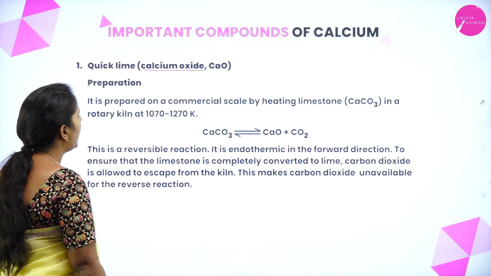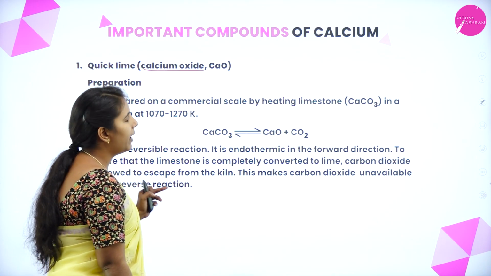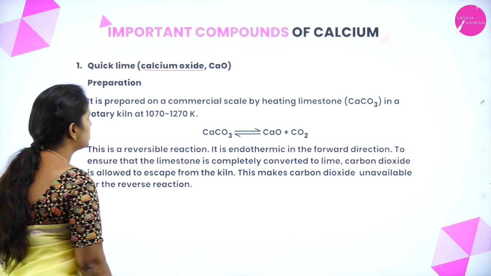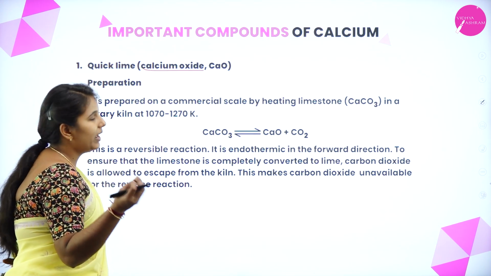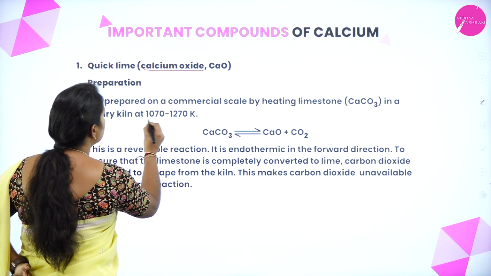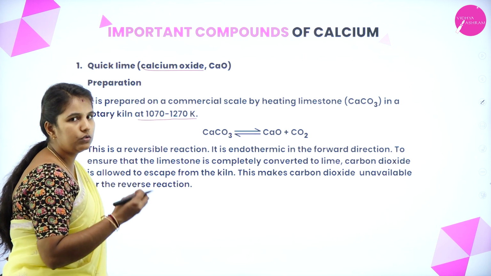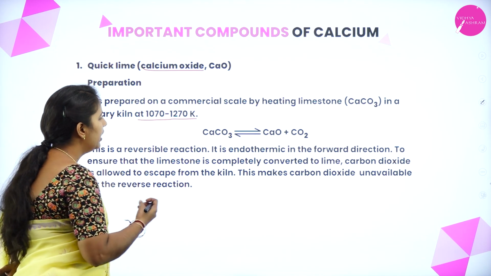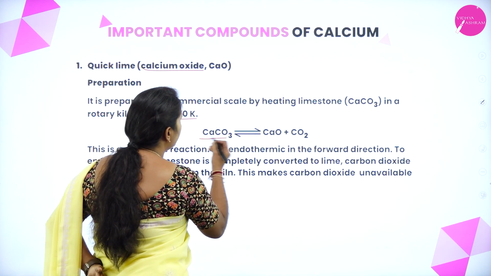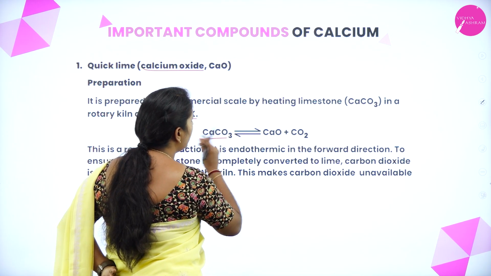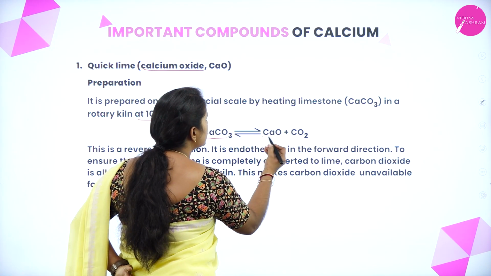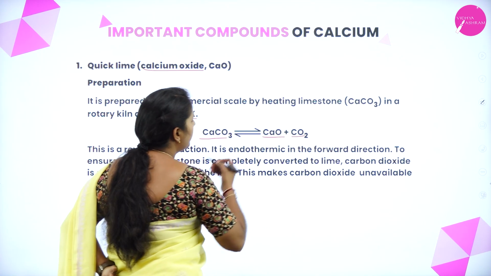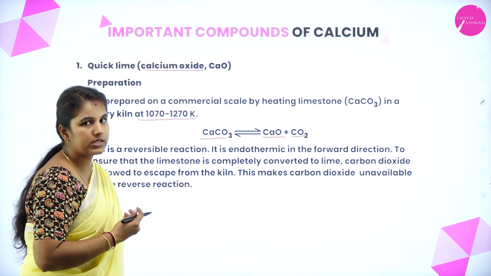It is prepared on a commercial scale by heating limestone at a very high temperature, around 1070 to 1270 Kelvin. You can see that calcium carbonate, that is limestone, upon heating gives calcium oxide with the liberation of carbon dioxide.